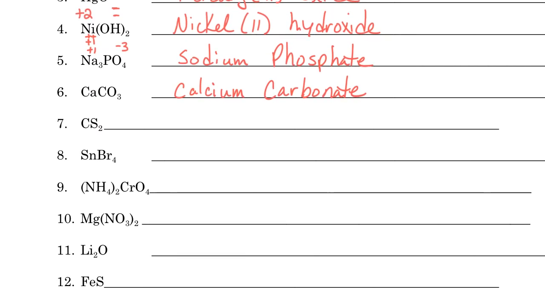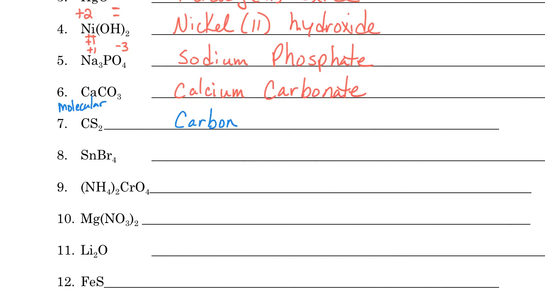Now at this point we've got something a little bit different. We've got 2 nonmetals. Remember, if I have nonmetals, then this is most likely a molecular compound. So to name molecular compounds, I'm just going to name the first element, which is carbon.